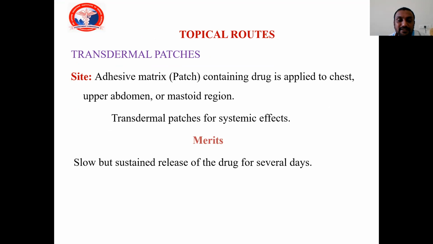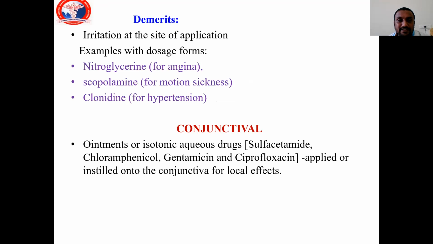Coming to the merits, since the drugs are released slowly, there is sustained release of the drug for several days. Demerits: some of the drugs can cause irritation at the site of application. This is one of the important demerits of transdermal patches.